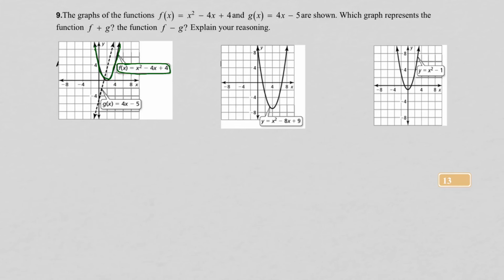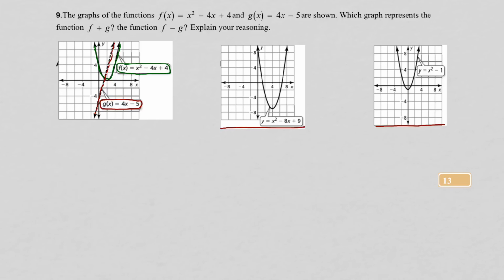And the second one is g of x, which is this right here, your 4x minus 5. That's linear, it's going to go this way. And it's saying, which of these two graphs over here on the side are the one that is represented by f plus g, and which one is f minus g?